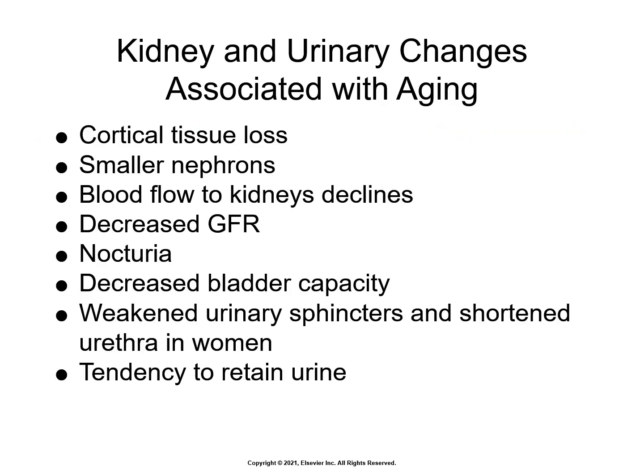Now let's talk about what happens to the old kidneys when we age. Remember we talked about the cortex and the medulla, and then on your videos you saw that. Well, you get cortical tissue loss and the nephrons get smaller. The blood flow to the kidney declines, and you get a decrease in the glomerular filtration rate, which we will talk about in a little bit.